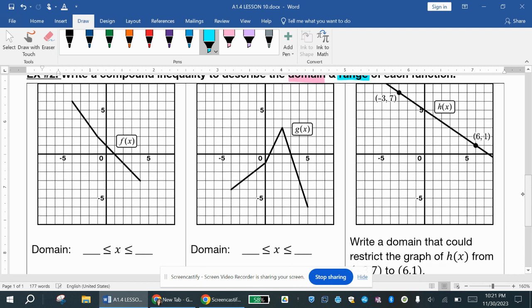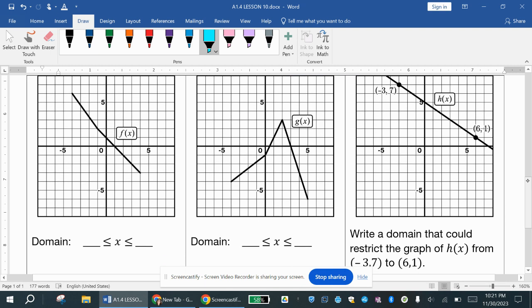Okay, quick reminders. Domain refers to the x values. So I'm going to look on the x-axis for the farthest point on the left. Here it is. Farthest point on the right. Here it is. I'm going to follow those to the x-axis, and that's what the domain is, from here to here.